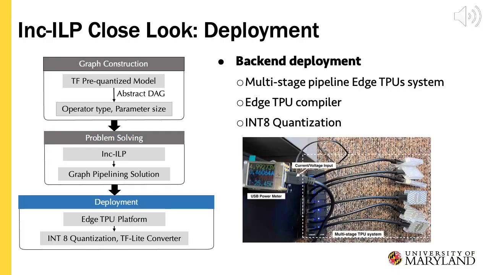We employ Google's TFLite converter to split and quantize the models, turning them into TensorFlow TFLite models that are ready for deployment. Using the Edge TPU compiler, these TFLite models are prepared for deployment on the Edge TPU platform. Importantly, we have taken the in-data quantization into account at the IncLP design step. The multi-stage pipeline Edge TPU system is shown in this figure.